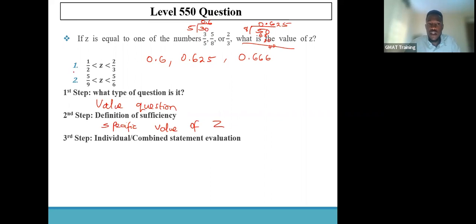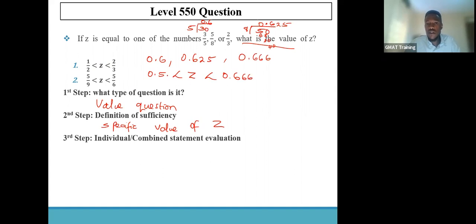Then we look at the statement. The first statement uses the fractions 1/2 and 2/3 as the limits. If we express 1/2 as a decimal, this would be 0.5 to be less than z, which is less than 0.666 recurring.